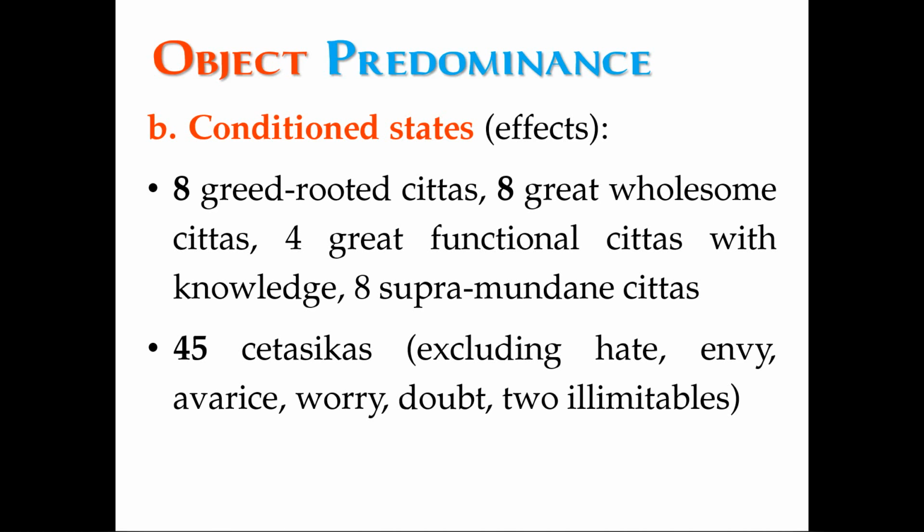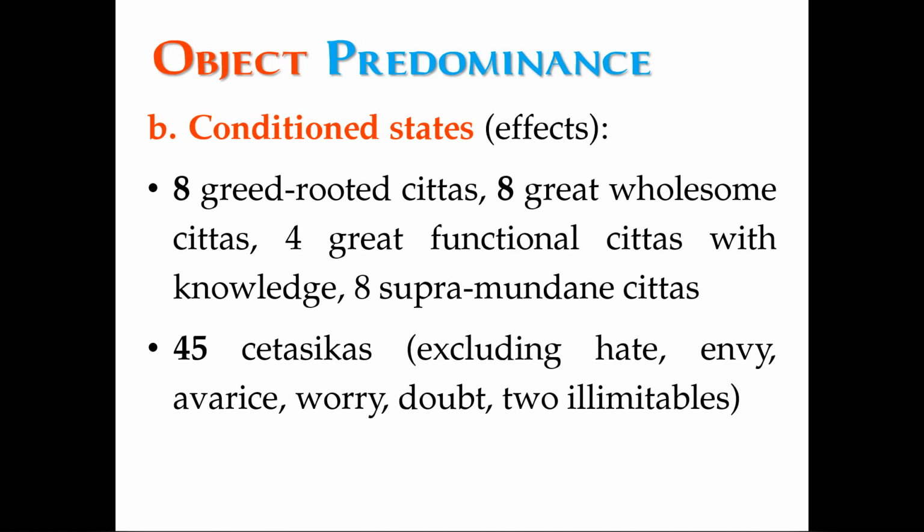For that reason, we have to exclude dosa, moha, right? And also dukkha kaya vijnana, body consciousness associated with pain. So we have to exclude 5 chetas. For that reason, we have 84 chetas.